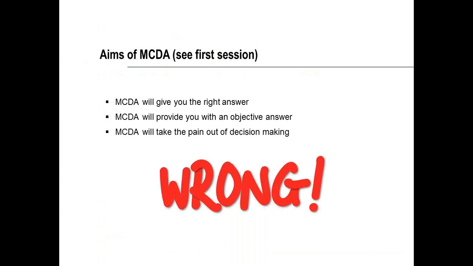And to just shortly refer back to the slide of Janine van Til. It's good to realize, like I said before, that MCDA will not give you the right answer.